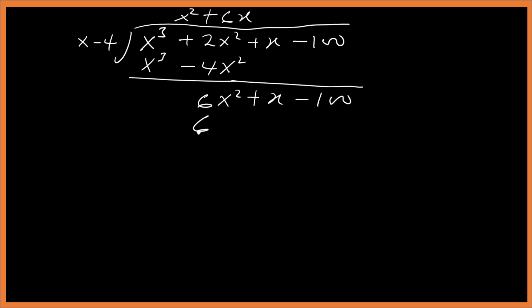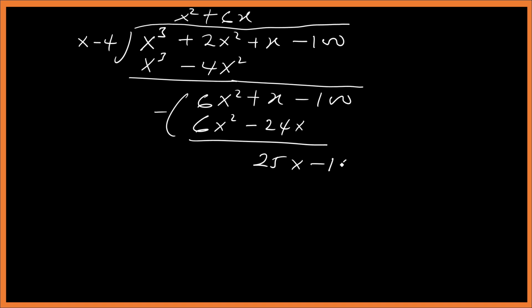So we have 6x squared minus 6 times 4, 24x. So we have this minus that, that's 0. x minus minus plus, we have 25x minus 100. x in this is plus 25. 25x minus 100.